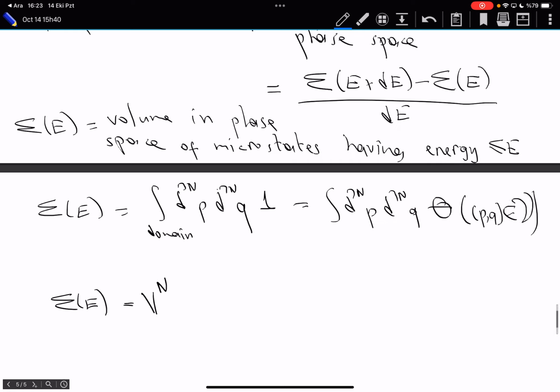You see, when you are calculating the volume of any object, you don't give different weights to a cube on the left-hand side and a cube on the right-hand side. Times d to the power 3n p such that p_i squared is less than or equal to 2mE. This is the restriction on my momentum integral.